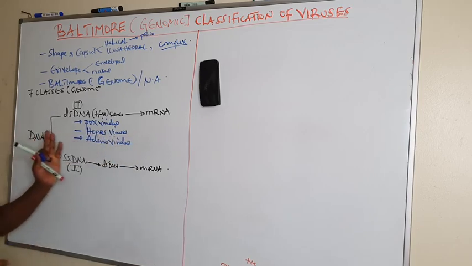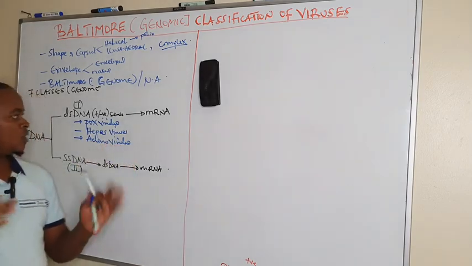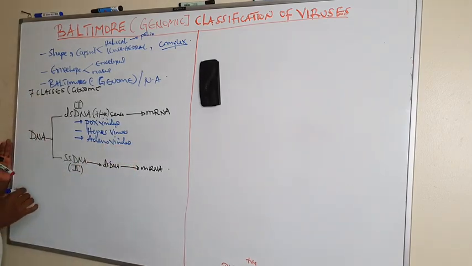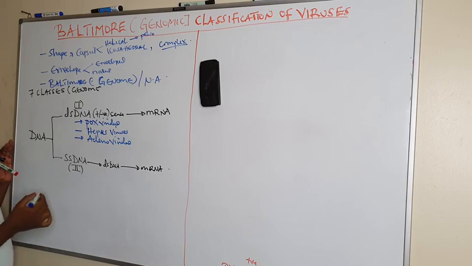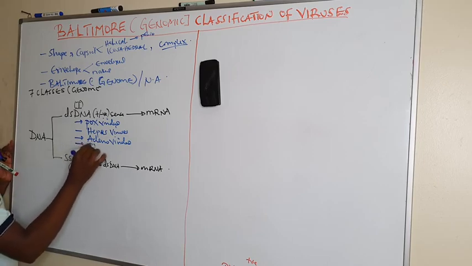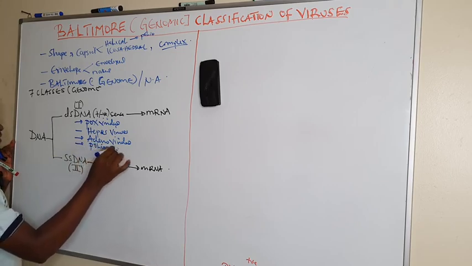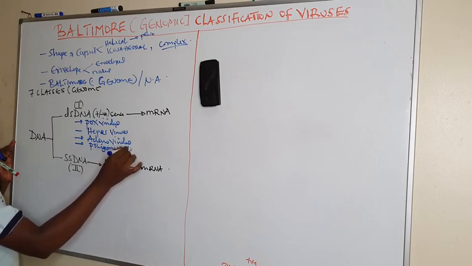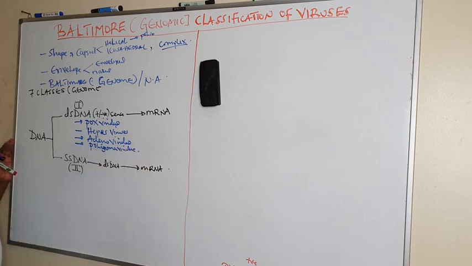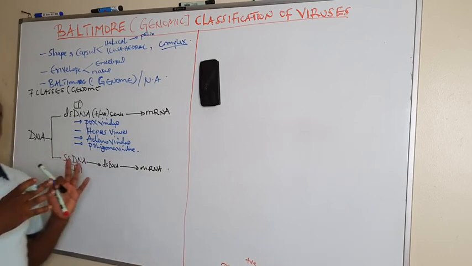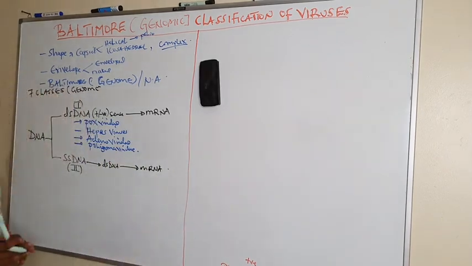So these belong to the double-stranded DNA group. And another one can be polyomaviruses, or polyomaviridae. So these are examples of families which are double-stranded.